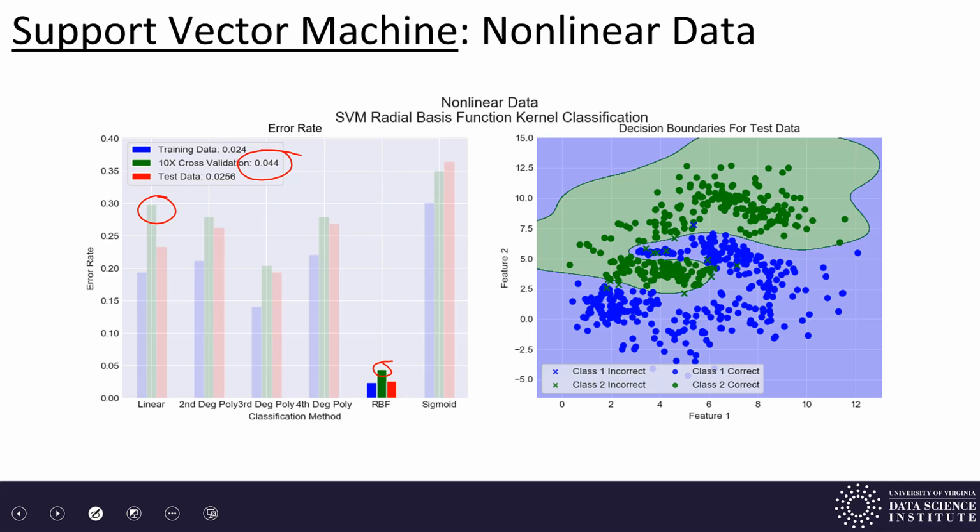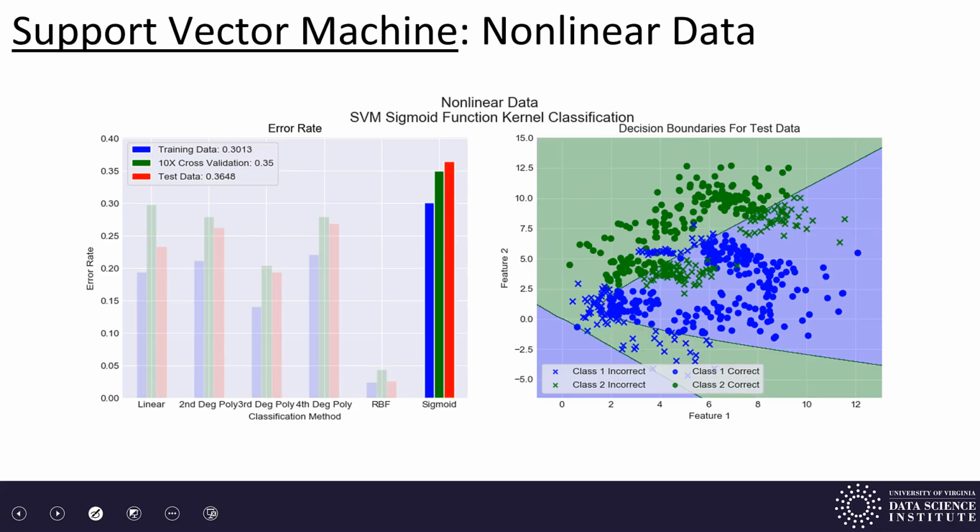So in this case, the radial basis function seems to be doing a good job. And then the sigmoid isn't really doing a good job here. The sigmoid gives you a classification result that's similar to logistic regression. Not exactly clearly, but there are similarities. It's using the logistic regression sigmoid function as your kernel.